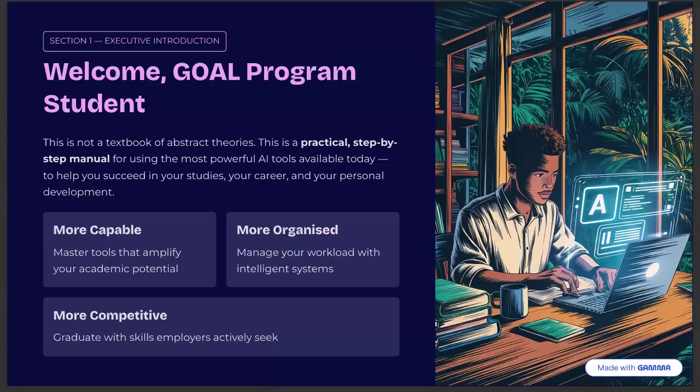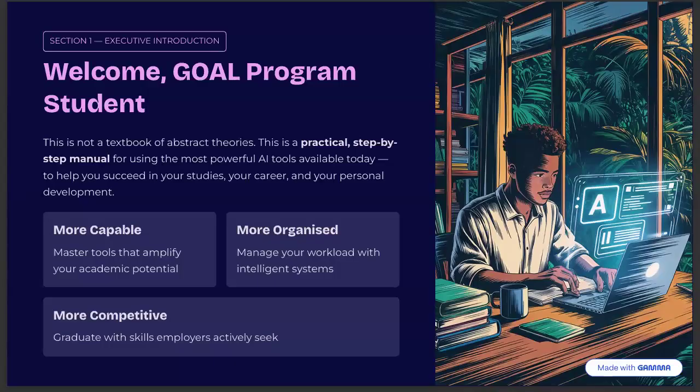So you're going to be learning about AI tools to become more capable of processing information, getting important information, and doing serious research in your career, to become more complete in your professional field.